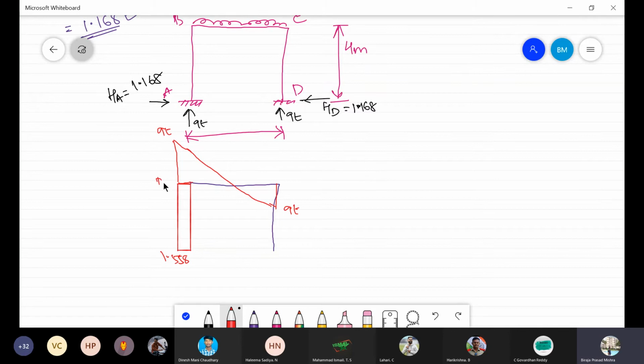This is V, this is A, this is C, and this is D. And here also it will be 9 tons.